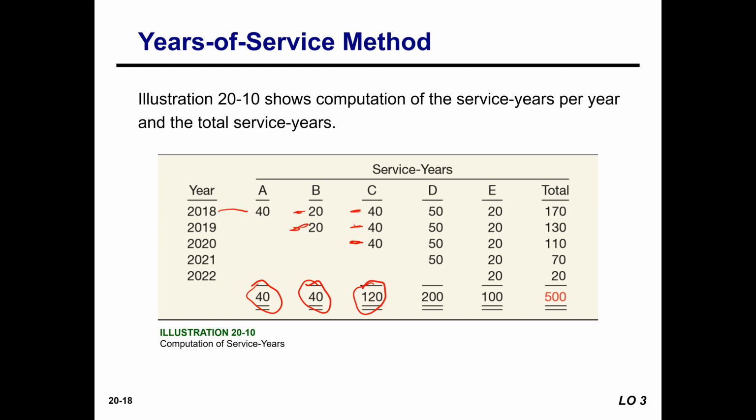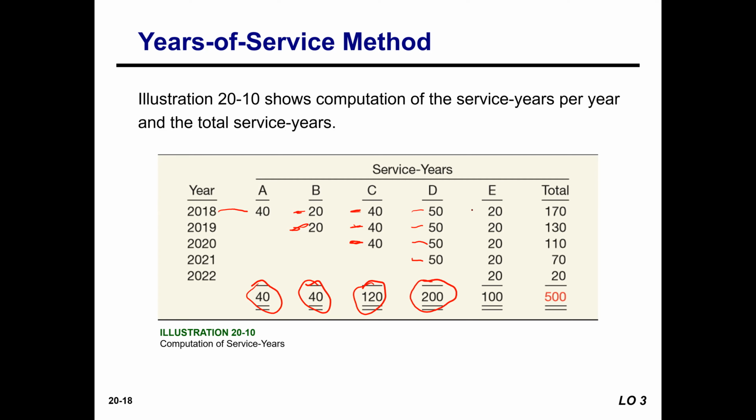Group D, remember, we expected 50 employees to retire in 2021. So they're going to work 50 years in 2018, 50 years in 2019, 50 years in 2020, 50 years in 2021, and they retire at the end of 2021. That's 200 service years. And then finally, Group E, these are the employees that are going to retire in 2022.